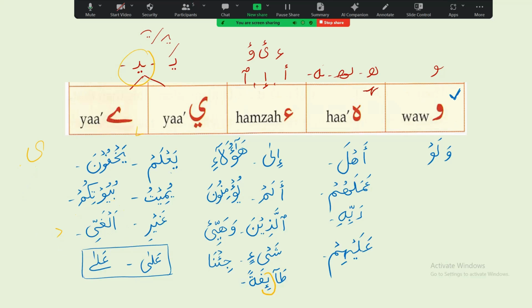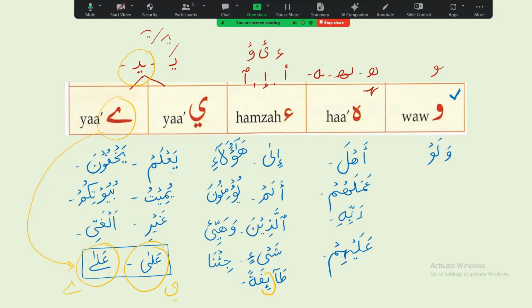Okay, so what happens with this ya here then? I have given all the examples with the first shape, right? This is also the shape that is used in the copies of Quran, sisters. So you will sometimes find the ya written like this in Quran. The example is of the same word here, first with the first ya shape, and then with the second ya shape.